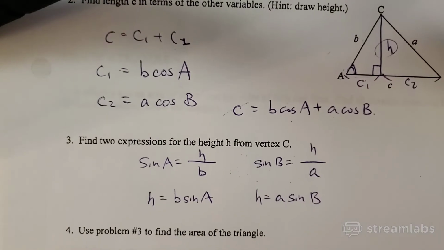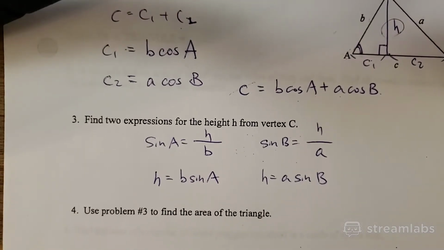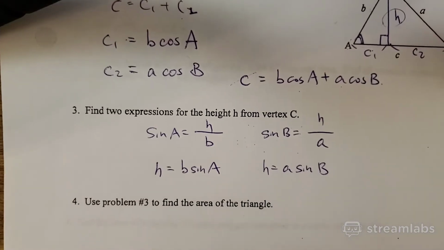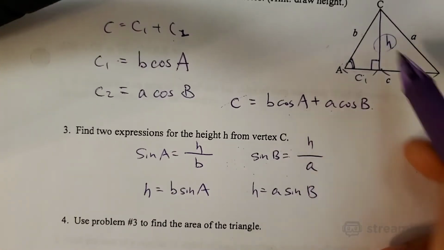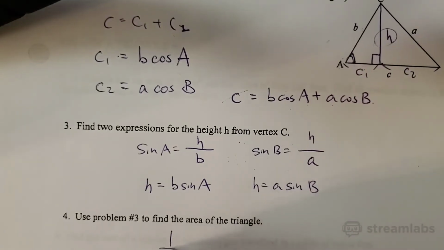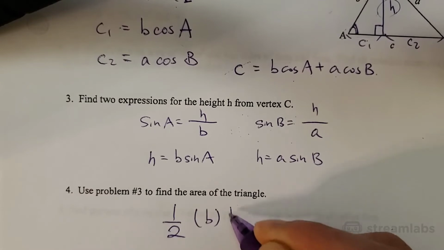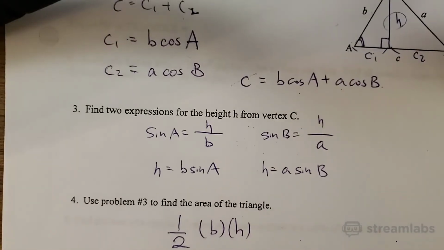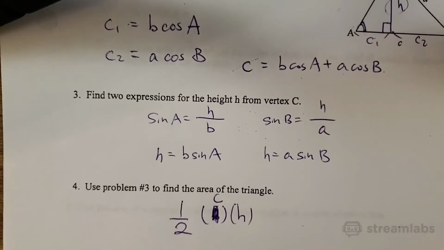Okay? Either way, why are we doing all of this? Bottom line is we are trying to do 1/2 base times height, right? So in your triangle, your base is c, right? So it's 1/2 base times height. The base is c, times h.